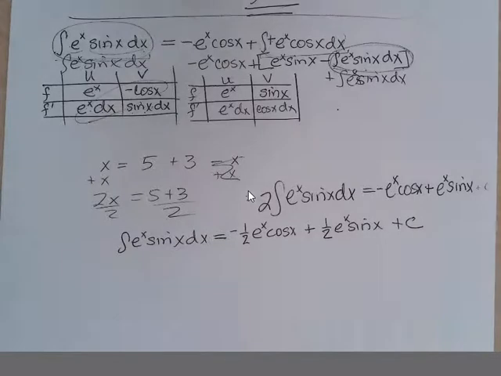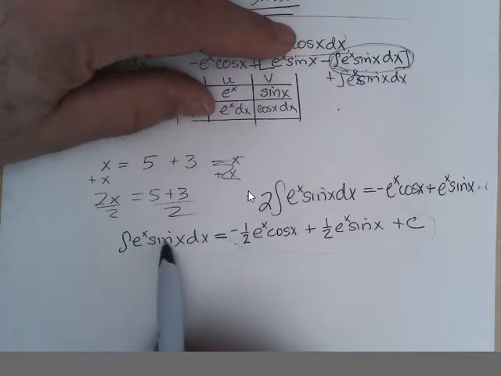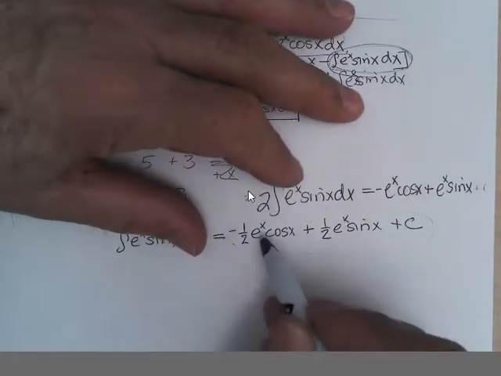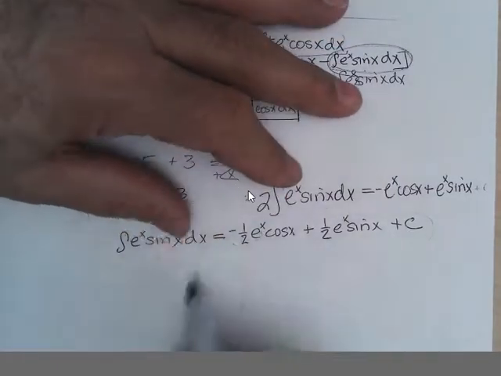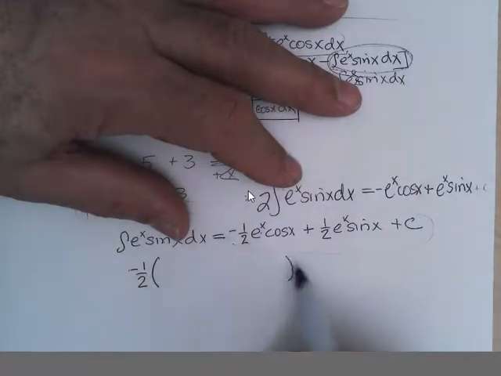Now let's check it. Is this really the antiderivative of e to the x sine x? Let's check by taking the derivative. There's a product. I'll hold the negative 1/2 on the outside and do the product rule.